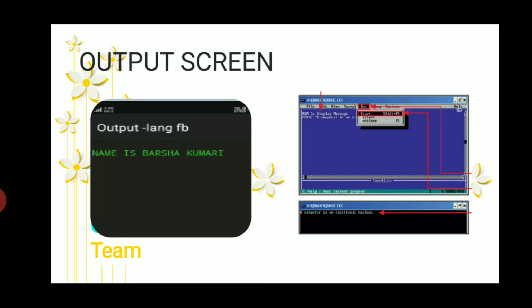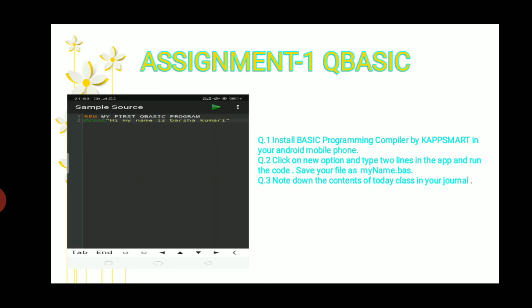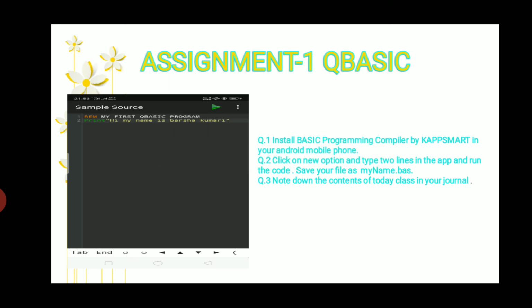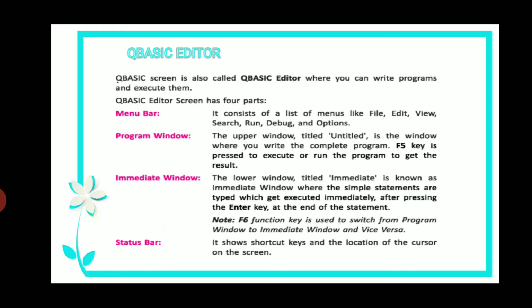So all of you, my dear students, you need to do this. First install this basic programming compiler by Cap Smart in your Android mobile phone. When you first open this app, you will get a 3 or 4 line program. Just click on the 3 dots, click on new, and then type 2 lines.